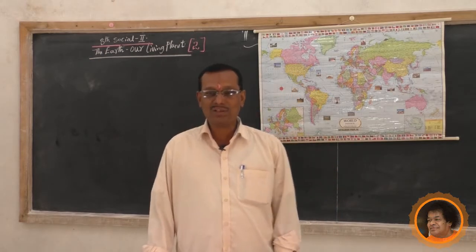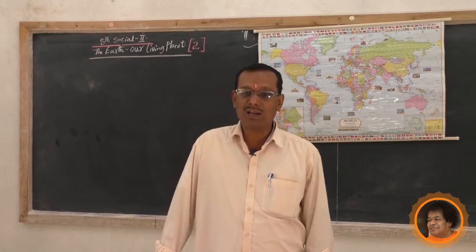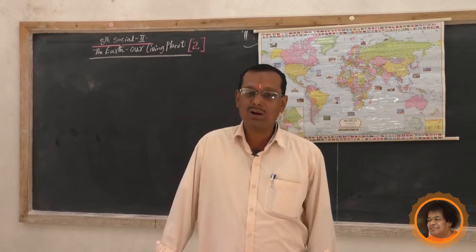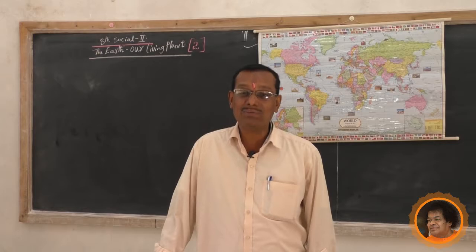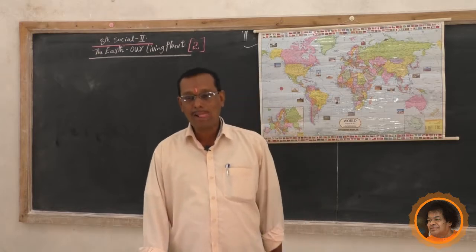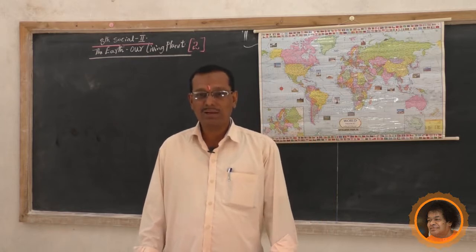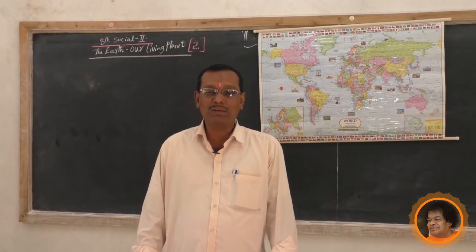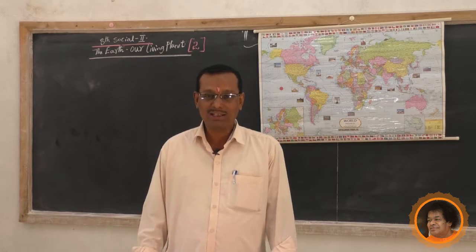Here Earth's surface means it contains different types of landscapes and water bodies, rocks, nature and its salient features.